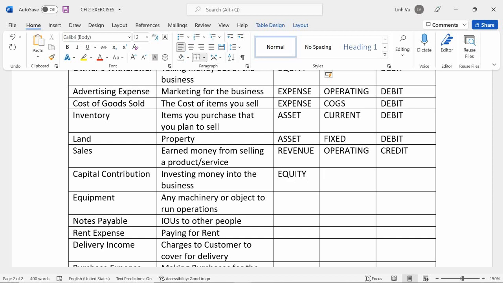Now, what category does this belong to? Operating. No, not operating. Equity. Current. There's no such thing as a current equity.